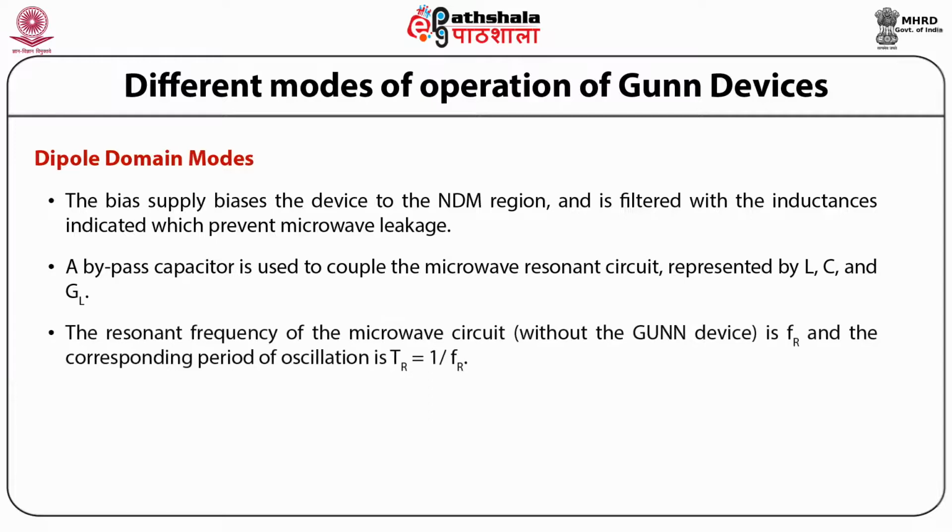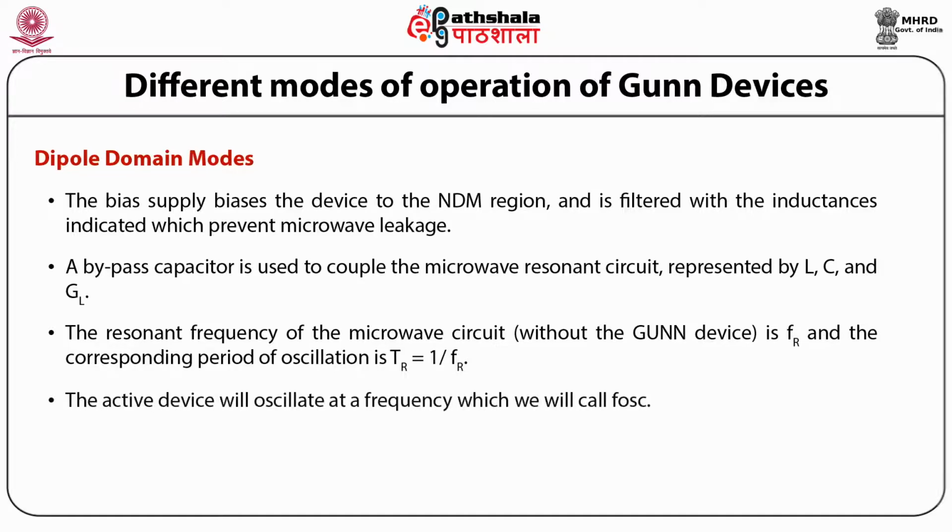So the resonant frequency of the microwave circuit without the Gunn device is Fr, and the corresponding period of oscillation is Tr equal to 1 by Fr.